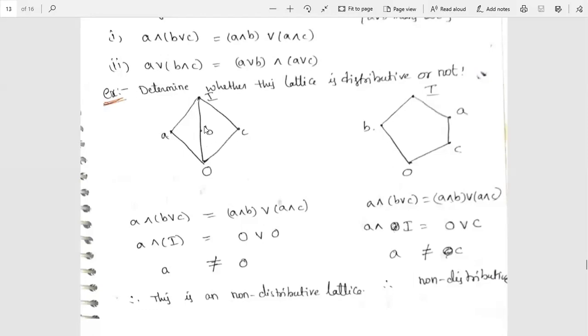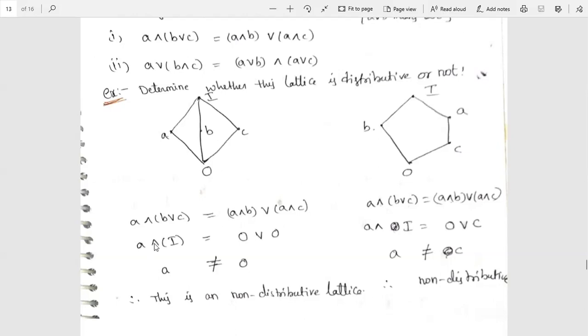We check one of the properties. If any one of the properties fails, the given lattice is not distributive. So first we check the property A meet (B join C) is equal to (A meet B) join (A meet C). First we consider the left hand side.